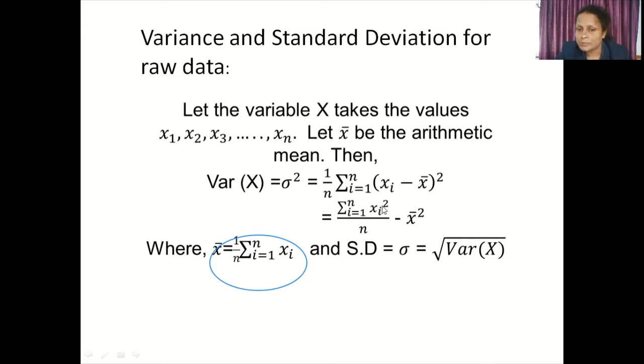So if you remember this first result, by using this first result, you remember your second result also. Because our observations are with their frequency, so we take observations with frequencies. So we write our next result.